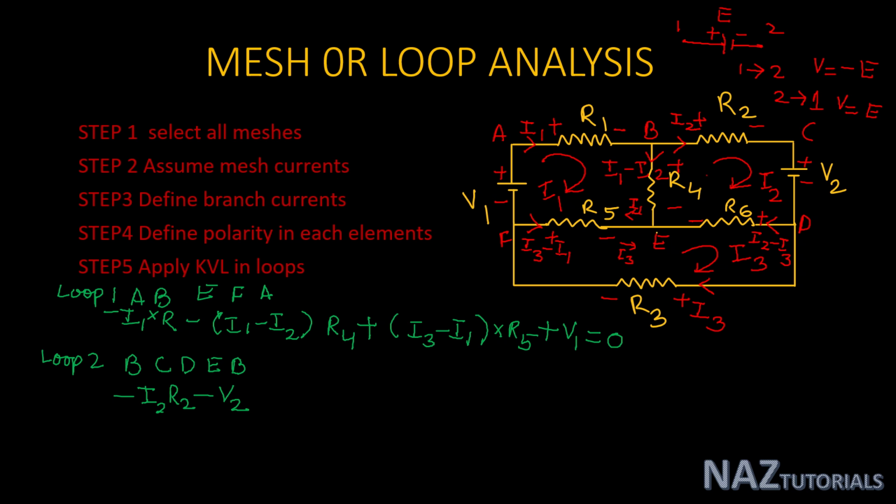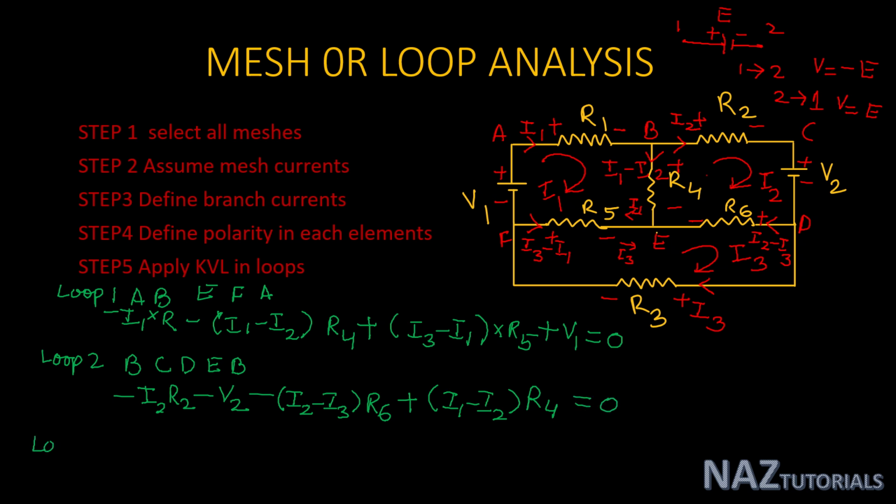The next element for path DE is R6, there is a fall in voltage and the current value is I2 minus I3 into R6. Our next element is R4 for path E to B. E to B, there is a rise in voltage and the current value is I1 minus I2 into R4 equals 0.